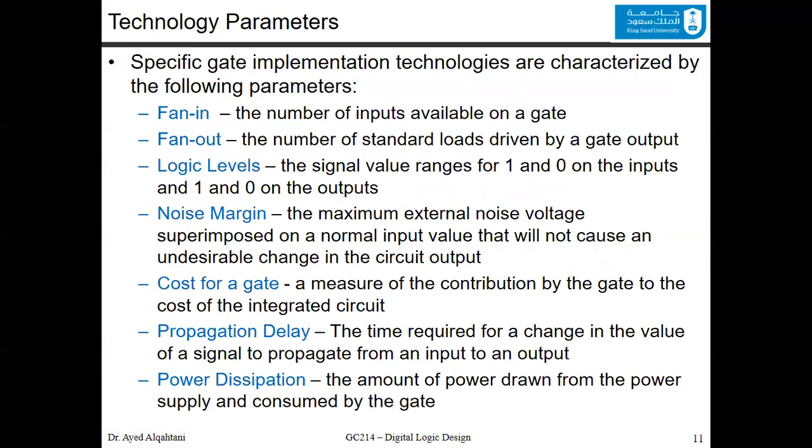Now, there are many terminologies that we use to describe the properties of a gate. Those are the technology parameters, which characterize a specific gate implementation technology. These are the parameters: the fan-in, which is the number of inputs available on a gate; the fan-out, which tells you the number of standard loads driven by a gate output.